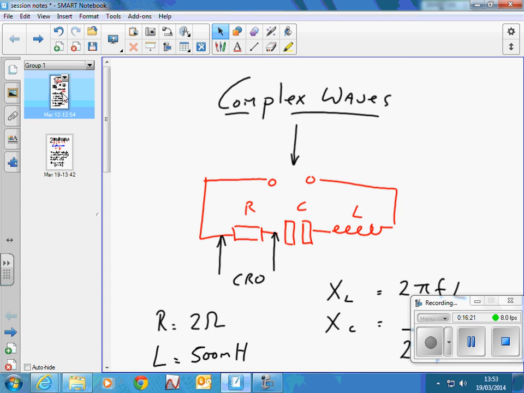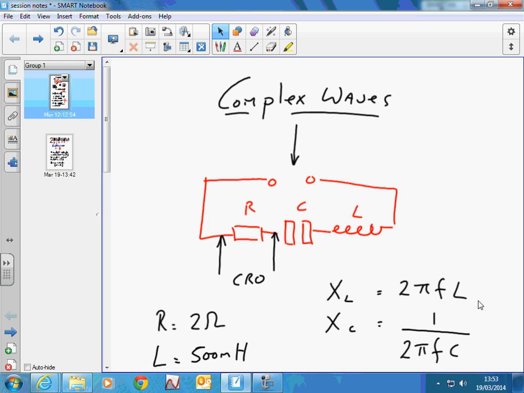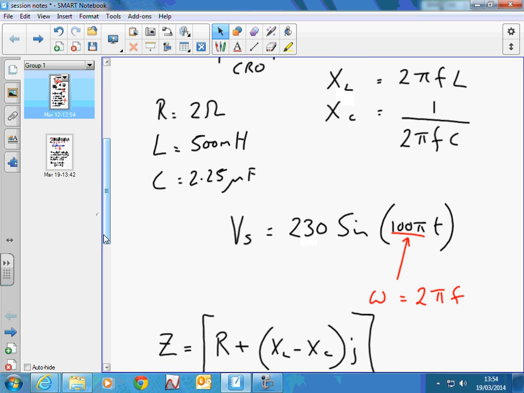So if we look back at our circuit, we are driving this circuit at this particular frequency. If I look again at this wave function here, this is our driving frequency in here. So what is the frequency at which I'm driving the circuit? 50 Hertz.